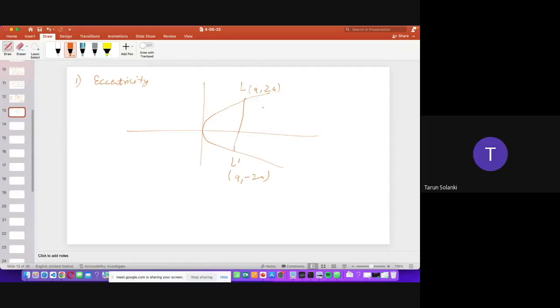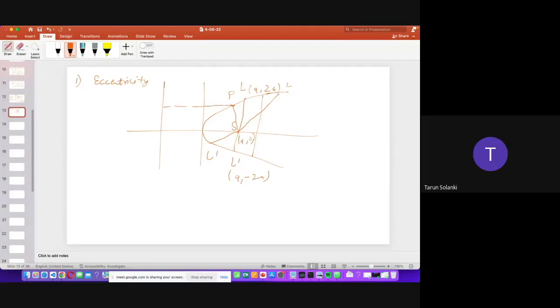Again one line, and this line L dash. This is your point S, which is a comma 0, and some point P is here.